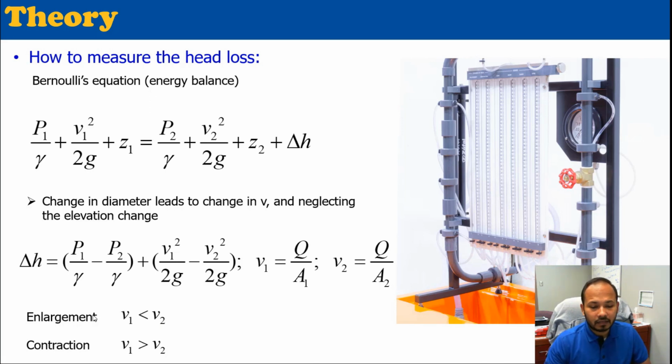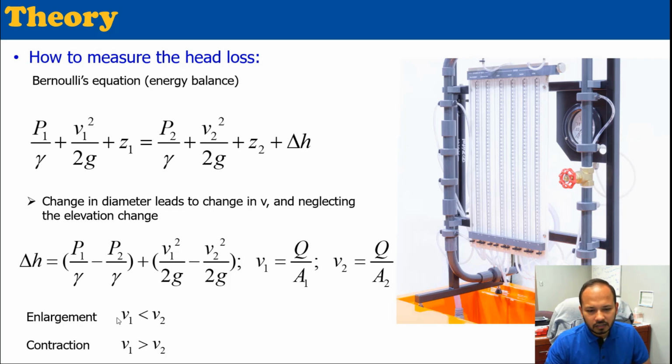By contraction, what I mean is that from the contraction, you're going to go to the enlargement. At a small diameter, you are at the contraction, so you are at minimum diameter, and you're going to the enlargement. In that case, your velocity will be higher in this region, and the velocity will be lower at the enlargement region.